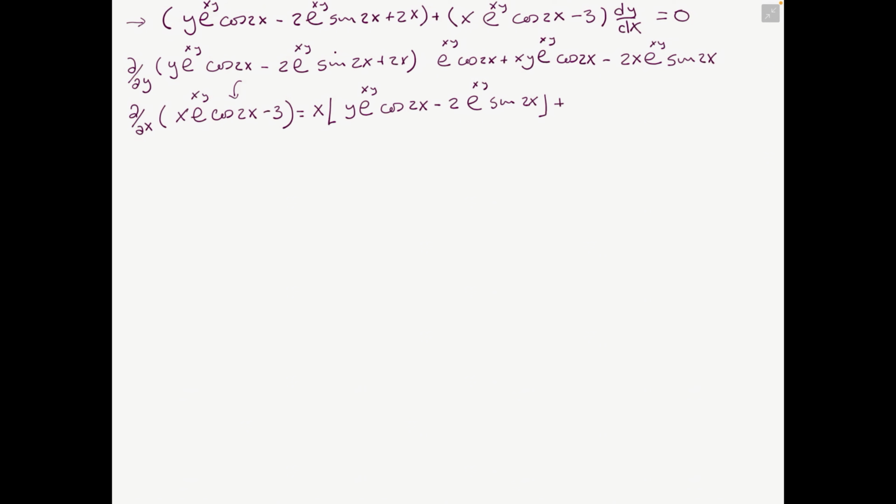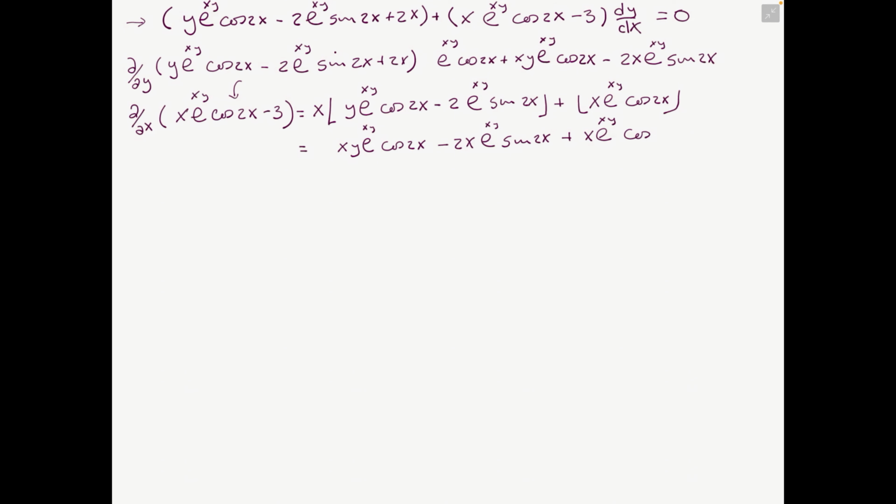Let's see, I don't want to make any mistakes. I'm doing it with respect to x. So 2 sine of 2x and now plus x e to the xy cosine 2x, and let's see where that gets us.